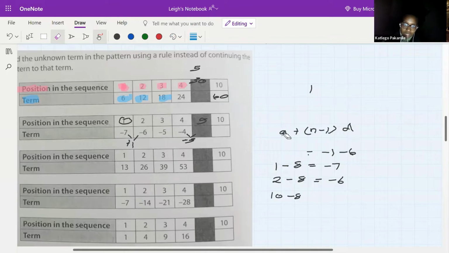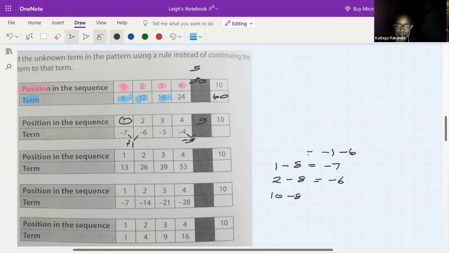Make space. So let's look at number 3 quickly. Do we all agree that we say the term number times 13, right? Because 1 times 13 is 13, 2 times 13 is 26, 3 times 13 is 39.